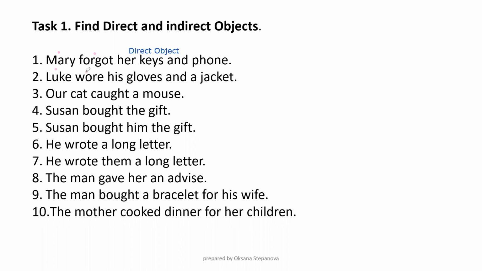Wore is the verb: wear, wore, worn. His gloves and a jacket. Let's ask a question. He wore what? Can we put a preposition here? The answer is no, which means that this is also a direct object. So we just say what? This is accusative, guys, and we get the direct object.